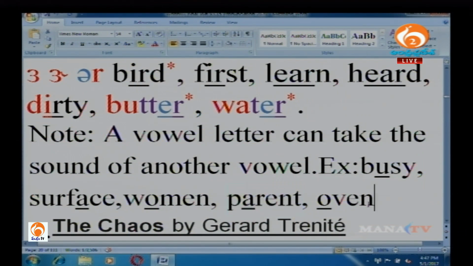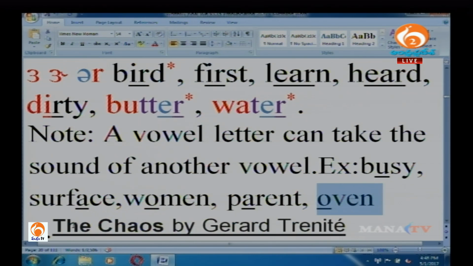A vowel letter can take the sound of another letter. For example, busy, I gave you that. Surface, A takes the sound of i, surface. Women, many people mispronounce it. It's called women, not woman. W-O-M-E-N, O takes the i sound, women, all right? Parent, and this one is oven.